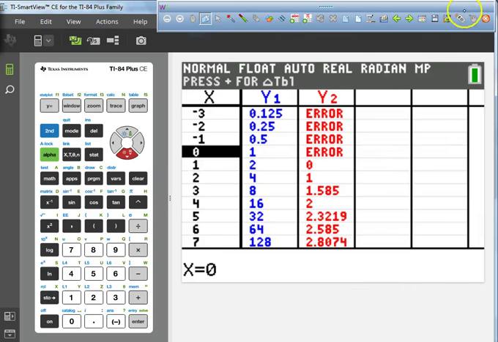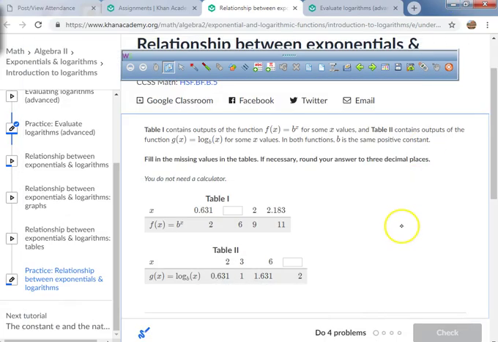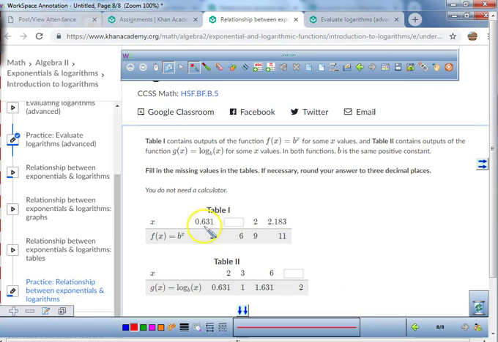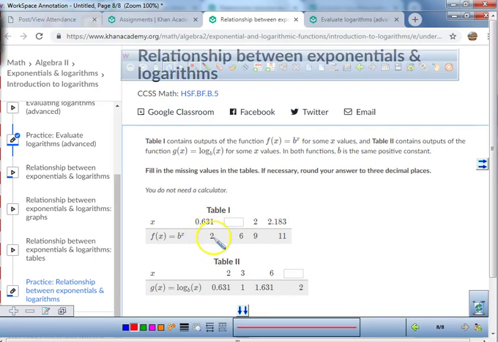Okay, so let's go back to our problem. Okay, let's check this out. This one says what? 0.631, and that goes with a 2. This goes to 0.631. This says 3 and a 1, so over here there would be a 1 and a 3. Okay?